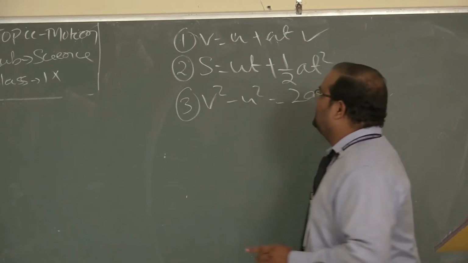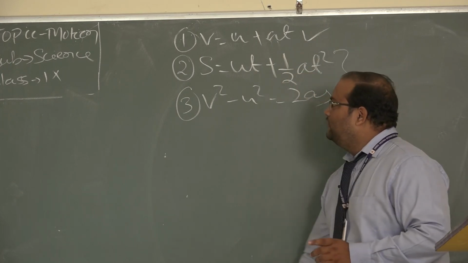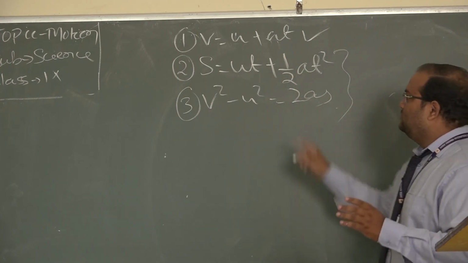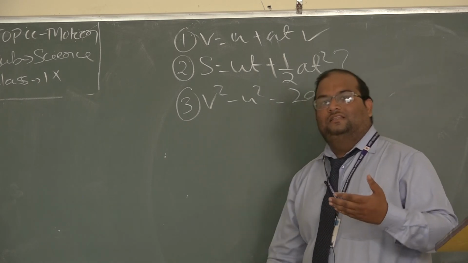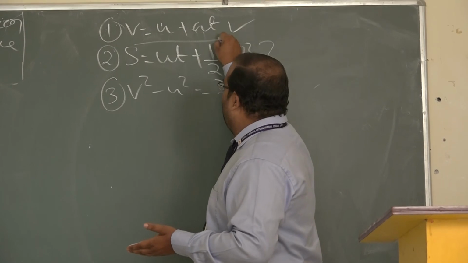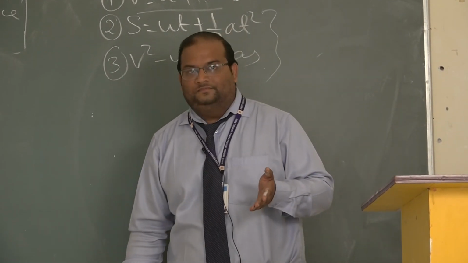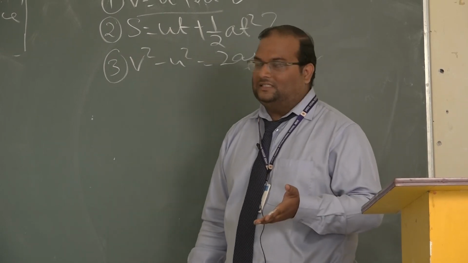Our first formula is completed by doing the numericals, and problems related to these two formulas we will be doing in the next class. And just practice a lot about this formula, and derivation I will be giving in some other classes, giving the details about it.